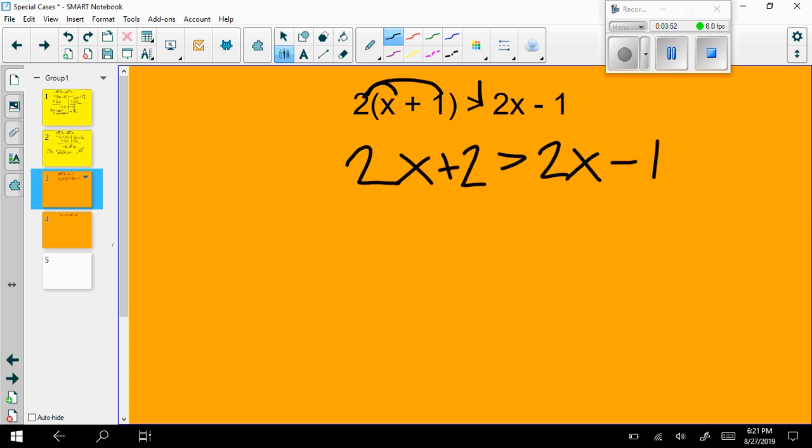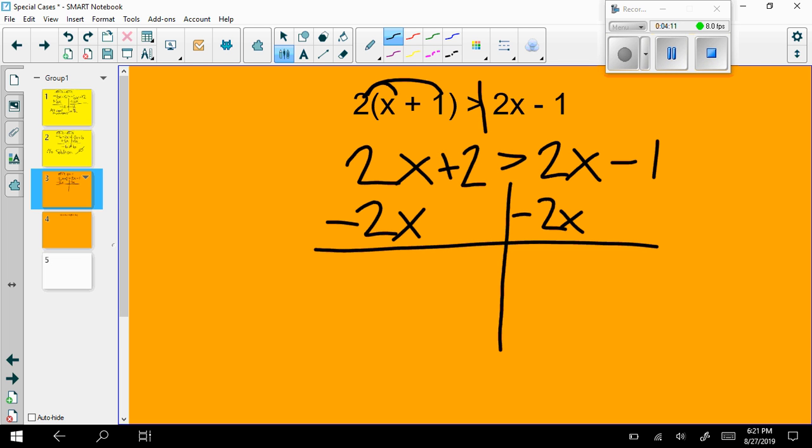And so for those of you that were in class and remember this, we saw that right off the bat, again, this 2x is going to end up canceling each other out. But if you don't see that, we can go ahead and try and bring them to one side. So if I take this 2x from both sides, I get the statement bringing down, because 2x minus 2x is a 0.